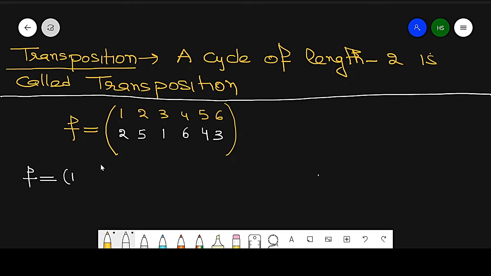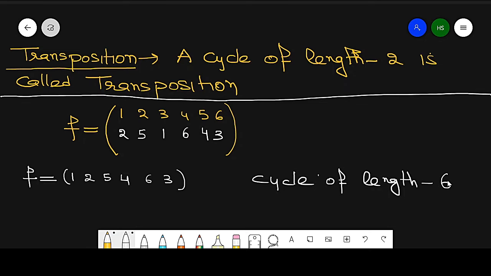Start from 1. 1 goes to 2, 2 goes to 5, 5 goes to 4, 4 goes to 6, 6 goes to 3, 3 goes to 1. So it is only one cycle, a cycle of length 6.